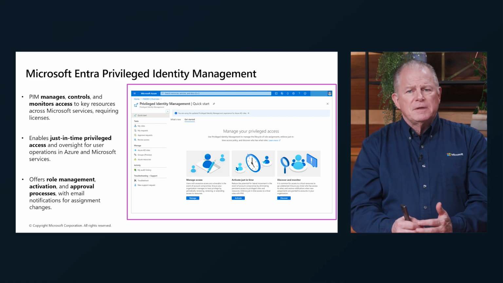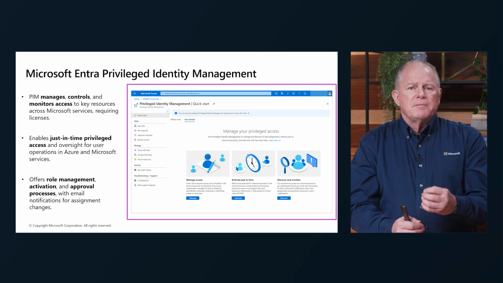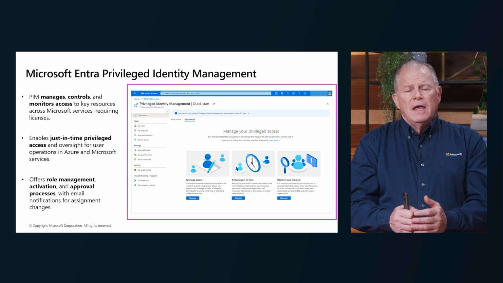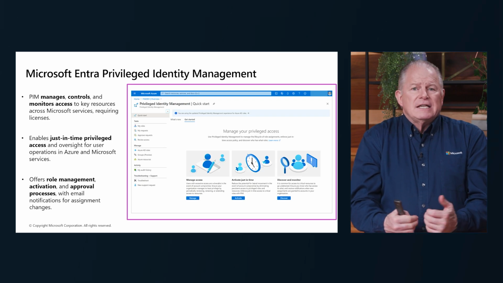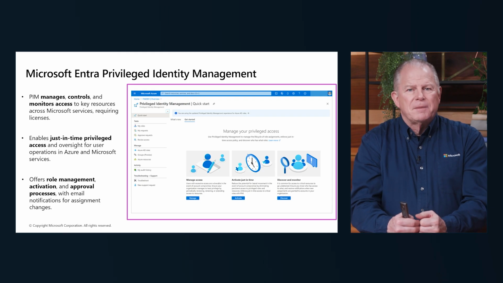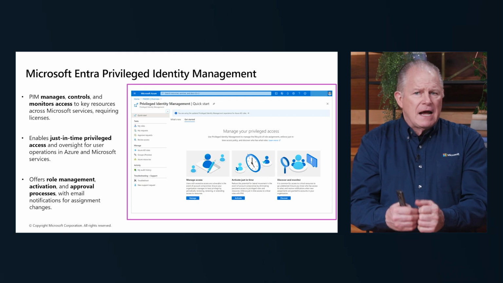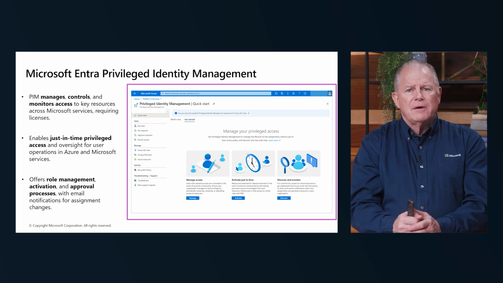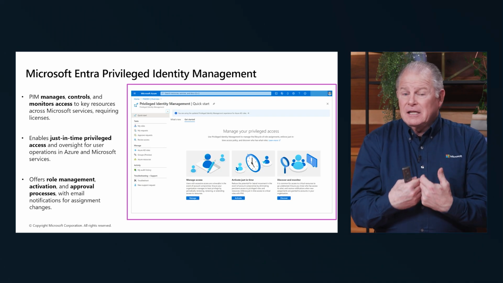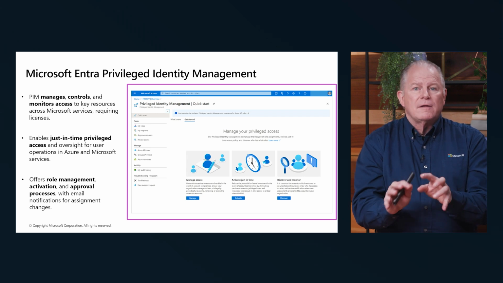Privileged identity management says, to manage some of these features, one of the ones they talk about is just-in-time privileges. You can say, yes, I'm an administrator, but I'm only going to be an administrator when I need to be. So for 8 or 9 hours a day when I'm sitting at my desk, if I'm not doing administrator stuff, I am technically possibly an administrator, but I'm not at this moment.